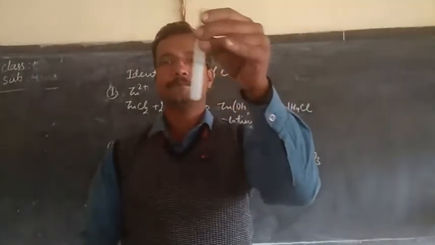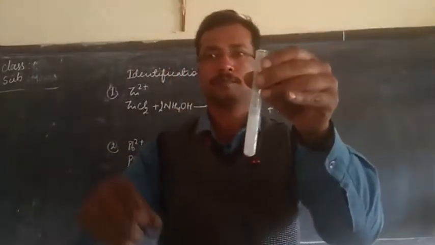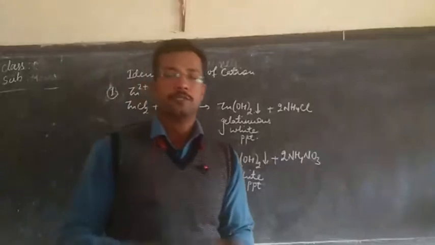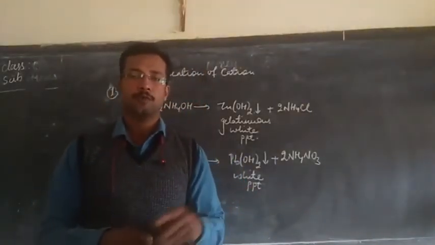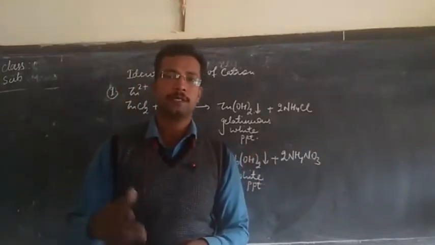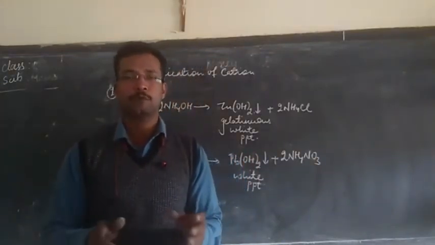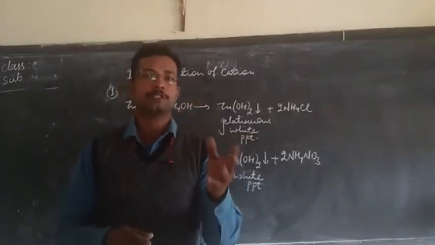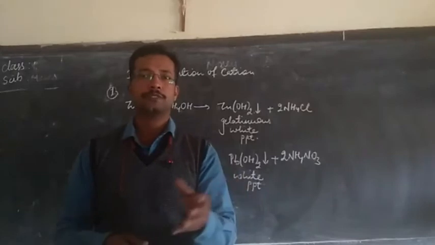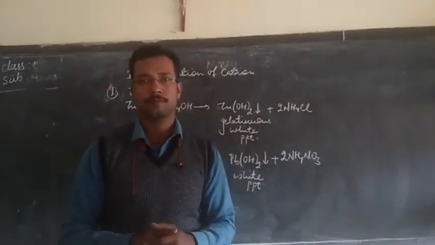So you can see. This is how we can differentiate the two salts. One will be a gelatinous white precipitate, the other is chalky white and won't be as thick as the gelatinous white precipitate, and you will get the same result, as I said, using sodium hydroxide solution.